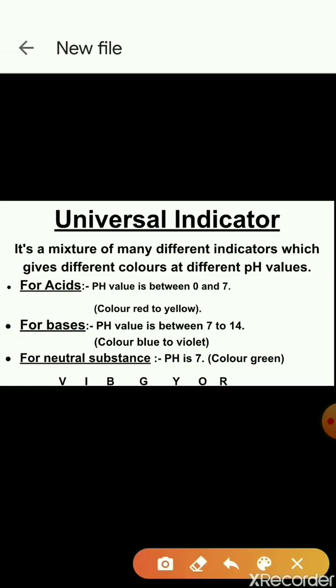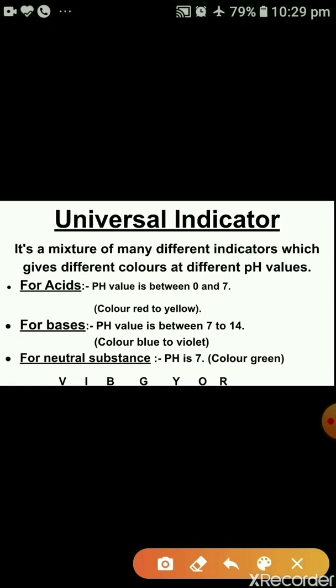Now children, I am just telling you about universal indicator. The universal indicator strip will have these 7 colors in a pattern, that is VIBGYOR.